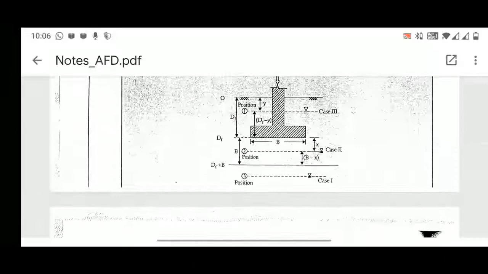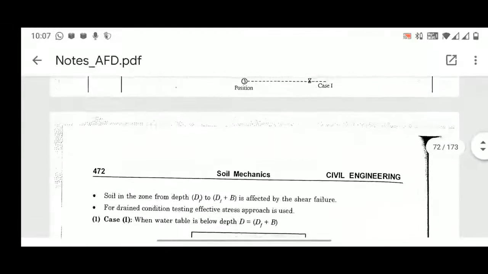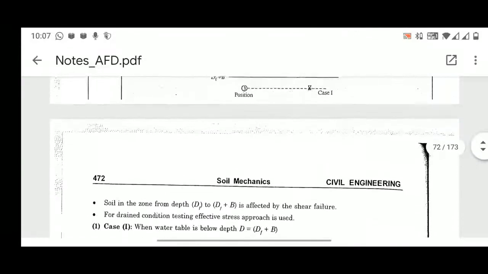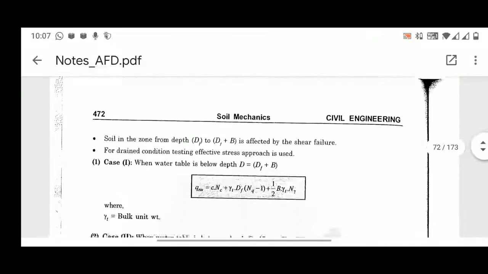So in the undrained state we have to use total strength parameters, and once the water has been expelled from the soil, or it is in a drained state, in that case you have to use effective strength parameters, right? So in this case also, since this soil is lying below the footing base, it will be affected by the shear. For the drained condition, as I told you, the effective stress approach will be used.